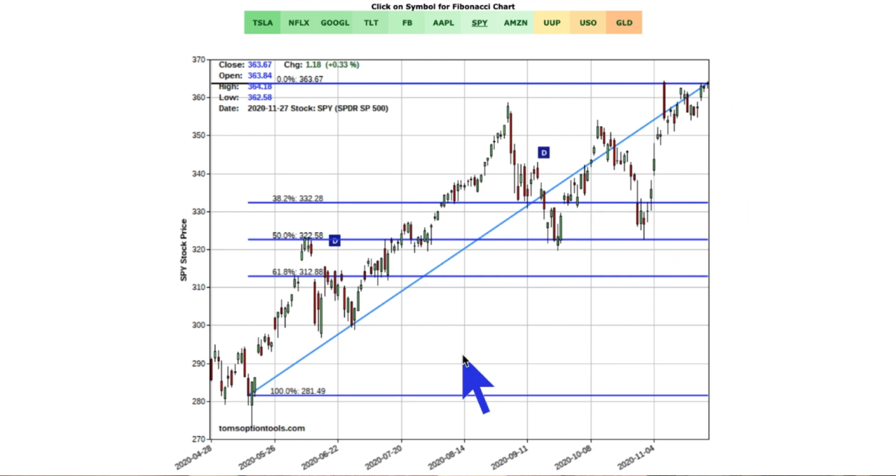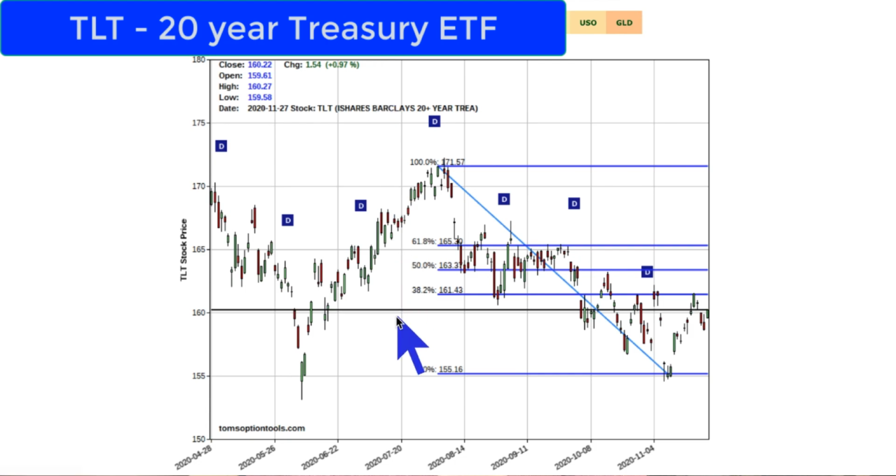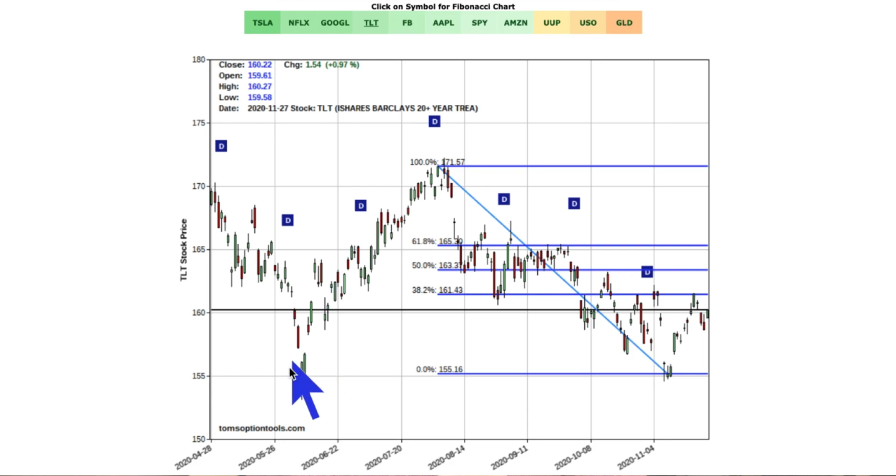So let's move on to find some charts to see what is confirming and what is not confirming with the S&P 500 to get an idea of what the plans are for the month of December. I'm going to move to TLT. Here is TLT, and you can see that TLT is doing the exact opposite of SPY. Lows on TLT during this 6-month trading range are around 155.16, and that was the basis for snapping the highs that occurred, 170.157, to the lows at 155.16.